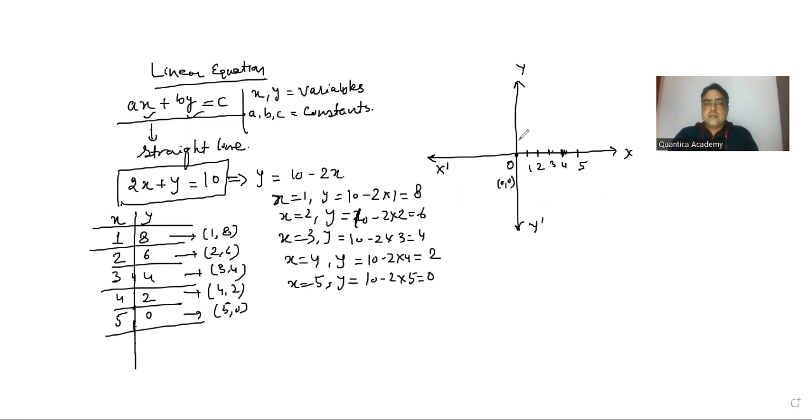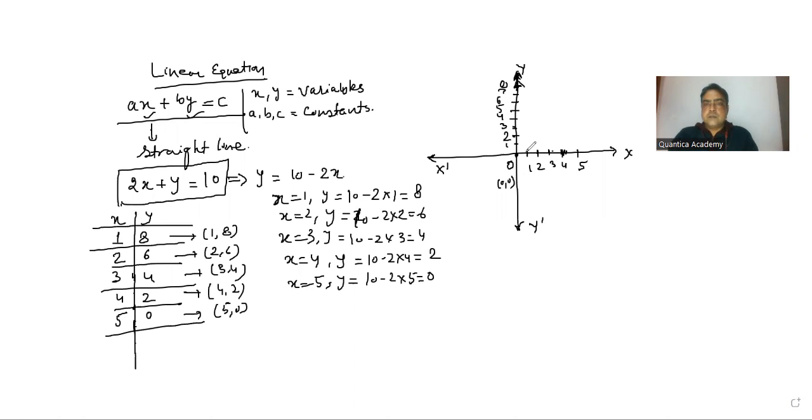Now on the y-axis, mark these points 1, 2, 3, 4, 5, 6, 7, and say 8 here. Let us do it. For x equals 1, we have the value of y as 8.